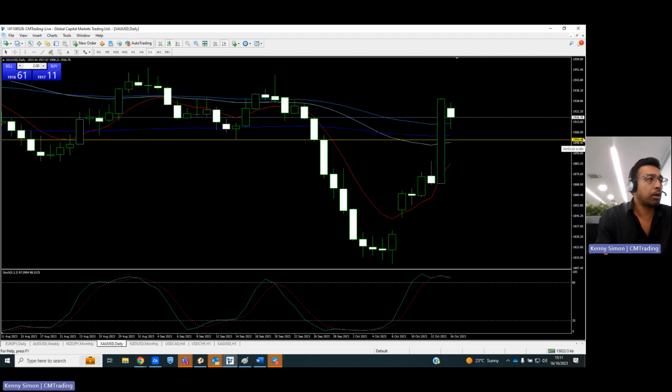You could sell at any moment and look into the potential of a reversal on the buy side, basically selling now and then exiting on the TP at 1900 or slightly above. So that would be the action plan for now, as we speak: to look into a little bit of a sell opportunity right there.